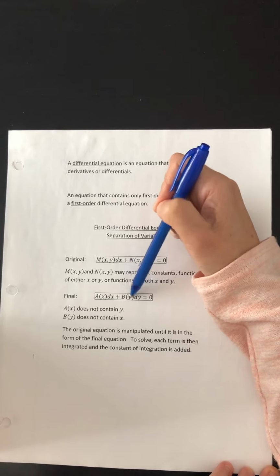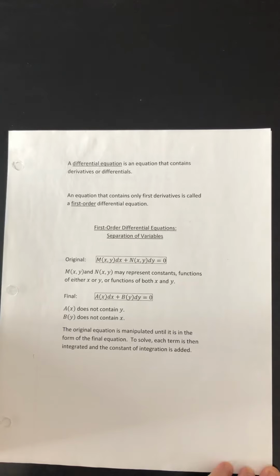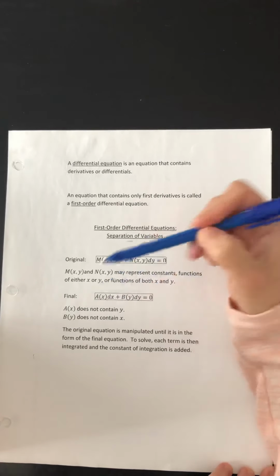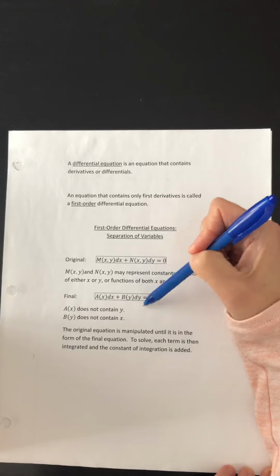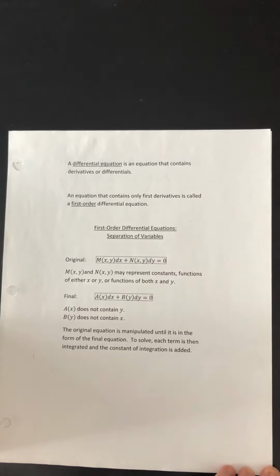The key is that it does not contain an x. Once we have this form, we will simply integrate with respect to x and integrate with respect to y, and we'll obtain our final result.